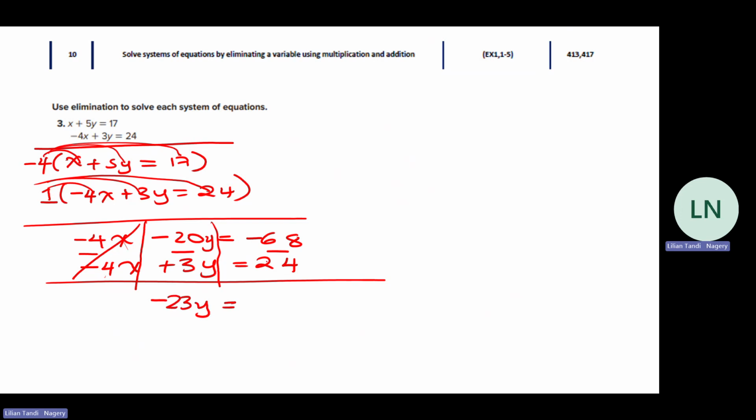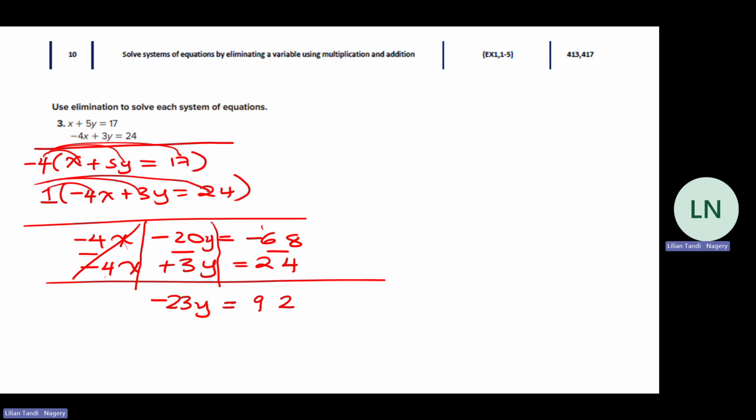Negative 68 minus 24. 8 plus 4 is 12. Carry 1. This is 892. Okay, let me confirm. Negative 68 minus 24, 92.